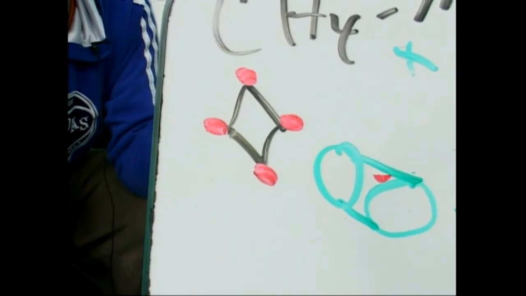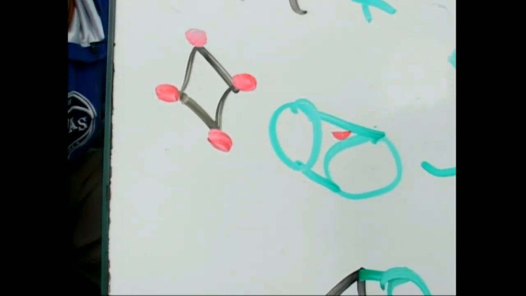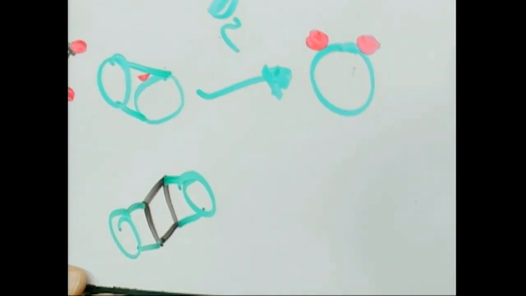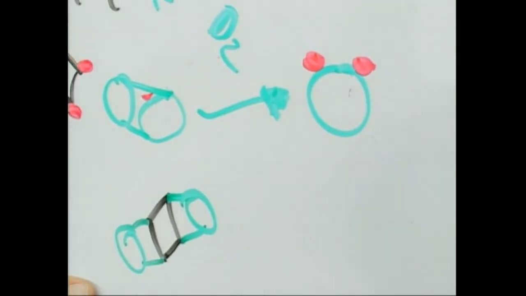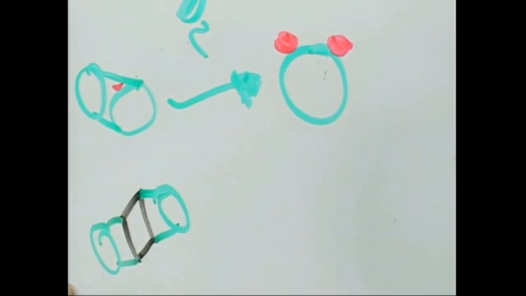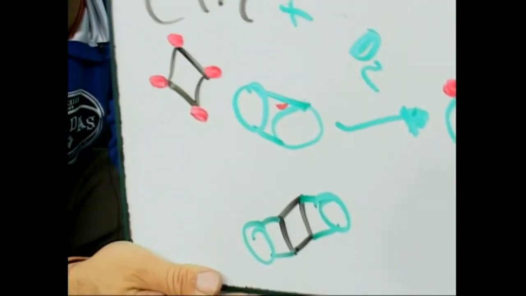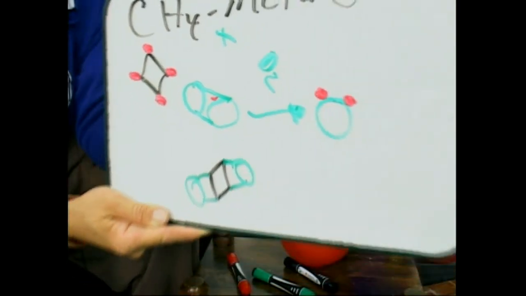Methane, CH4, and O2 is going to make CO2 and water. This is exactly what it looks like, kids. I'm not making it any harder than it has to be. H2O, CO2 from methane and O2.